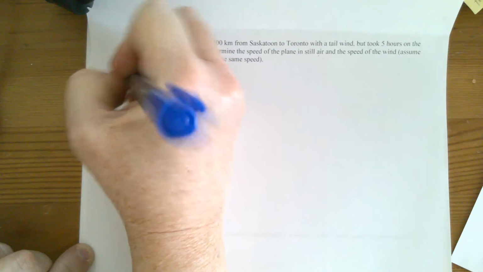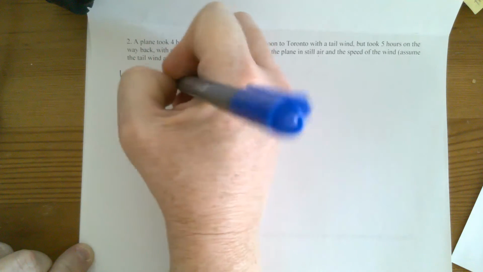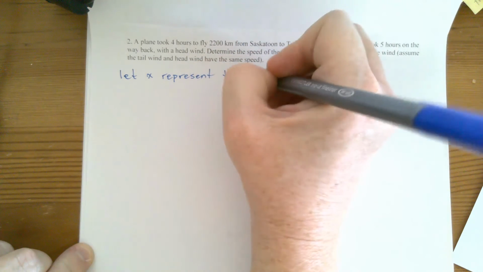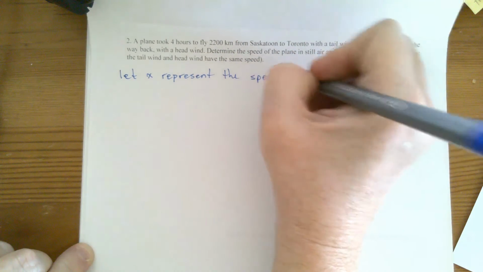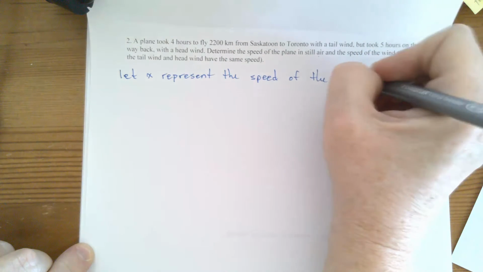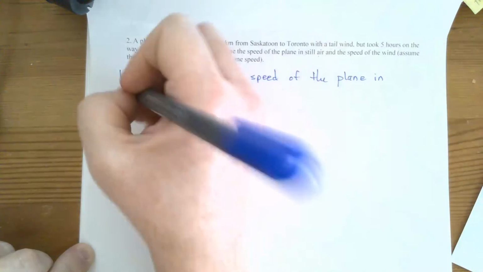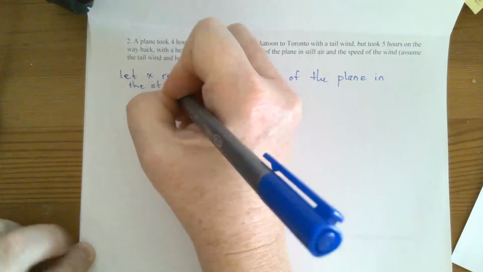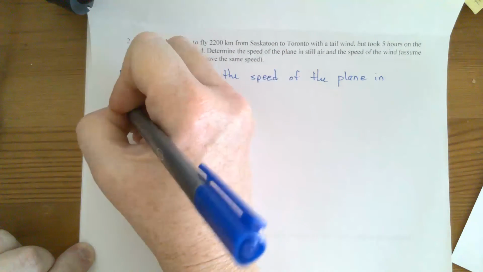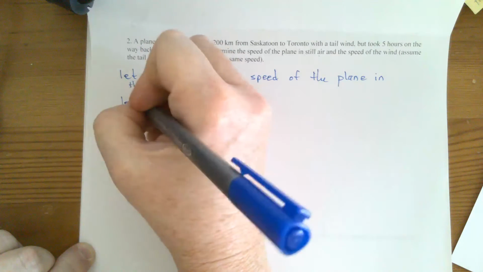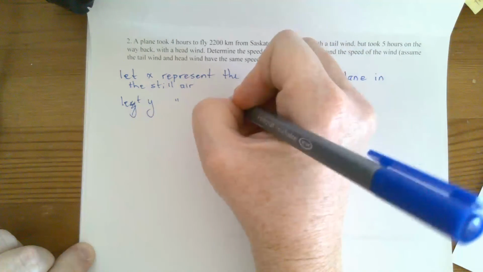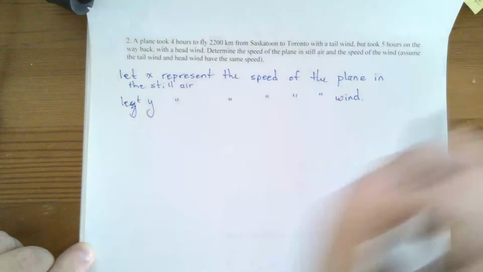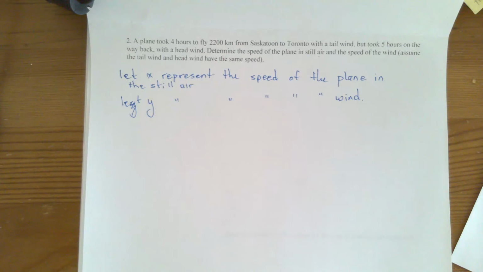So we'll let x represent the speed of the plane in the still air, and then we'll let y represent the speed of the wind. Okay, so now we've defined our variables. We need to figure out our equations.